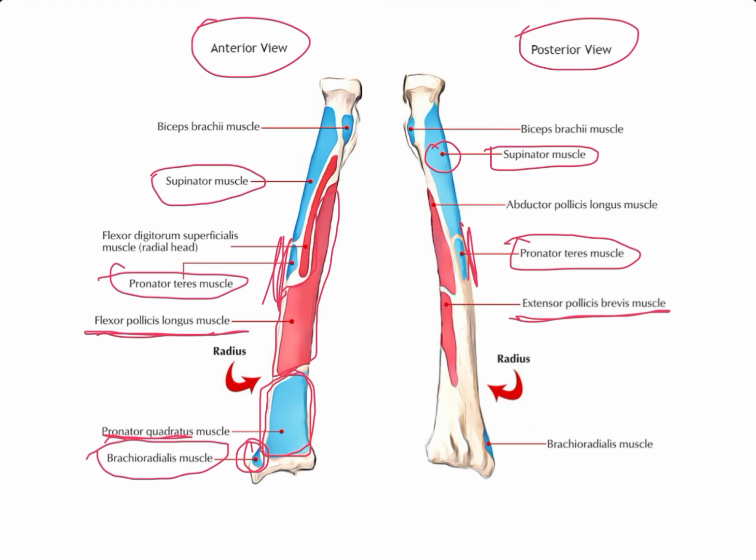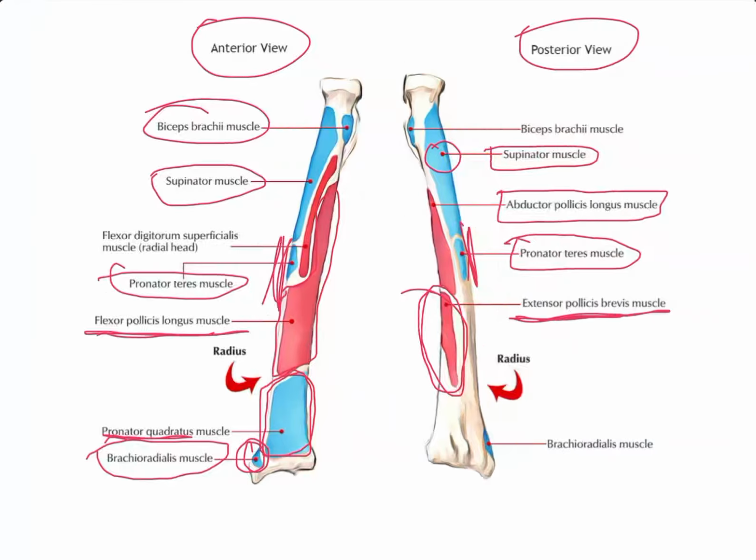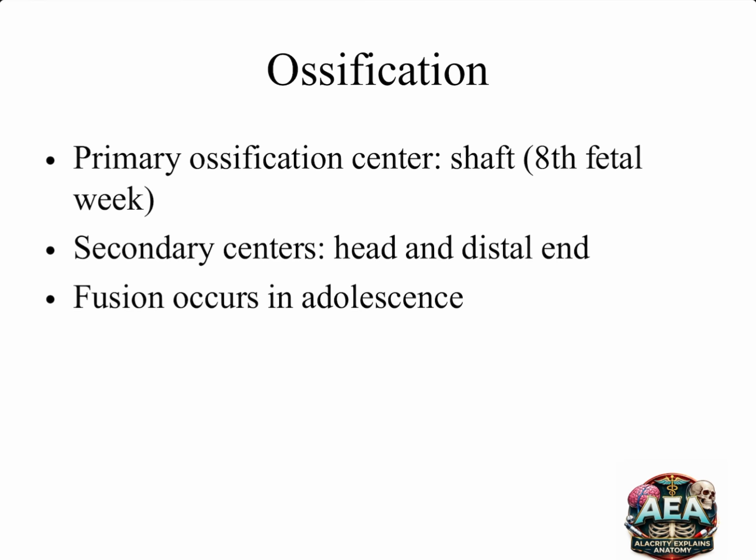We have the extensor pollicis brevis attaching at the posterior aspect of the shaft of the radius. We have the abductor pollicis longus muscle. And remember, I also mentioned that the biceps brachii muscle attaches to the what? The radial tuberosity.